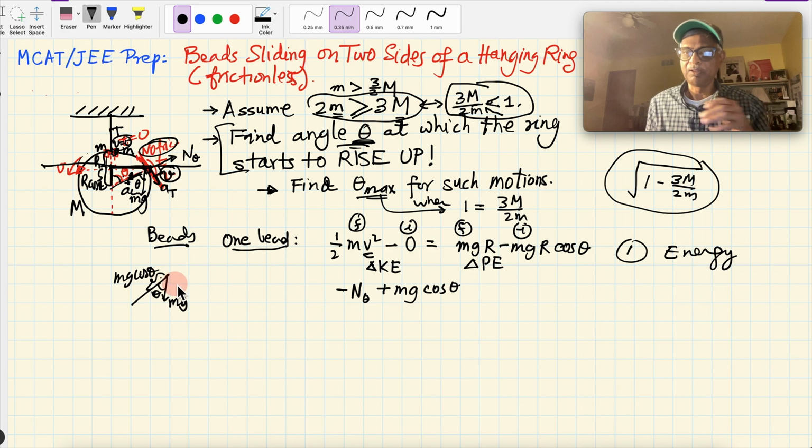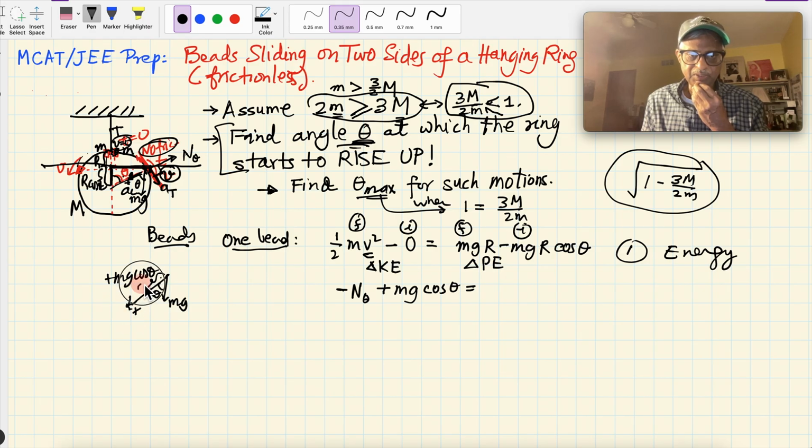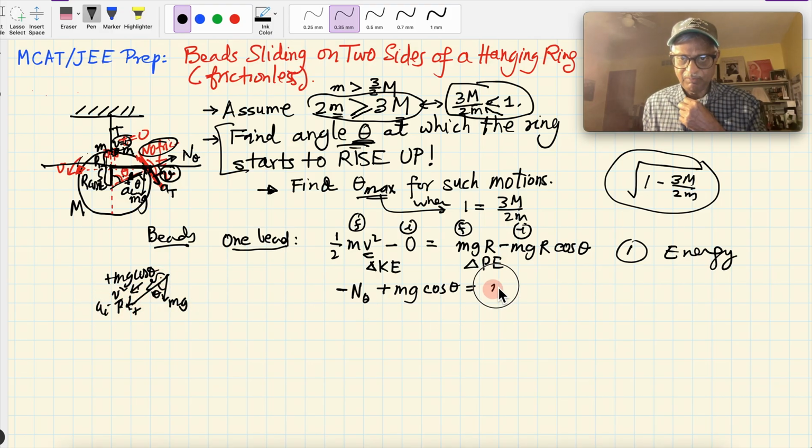That's what I did. Okay, and this is going to be plus, because this is the plus direction, and I choose this plus direction because I know the acceleration is in that direction, so it's going to be mv squared over r.